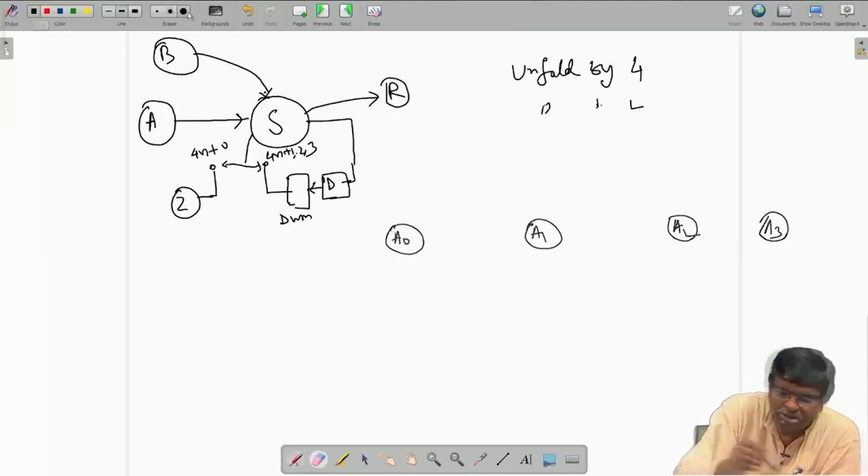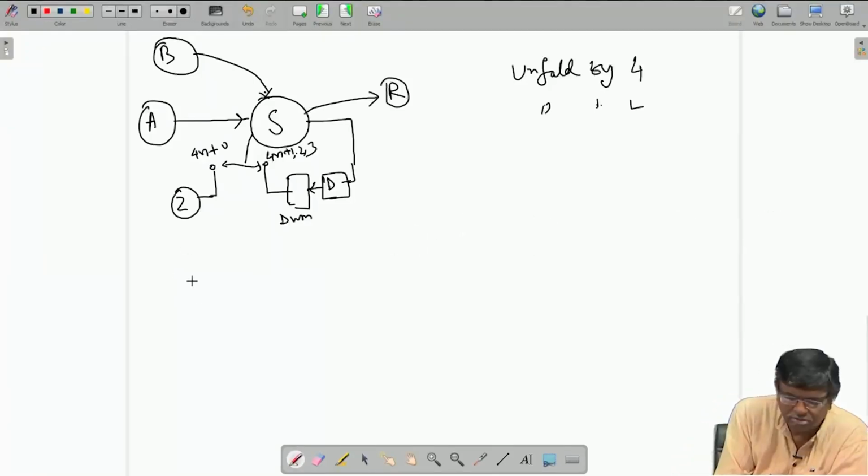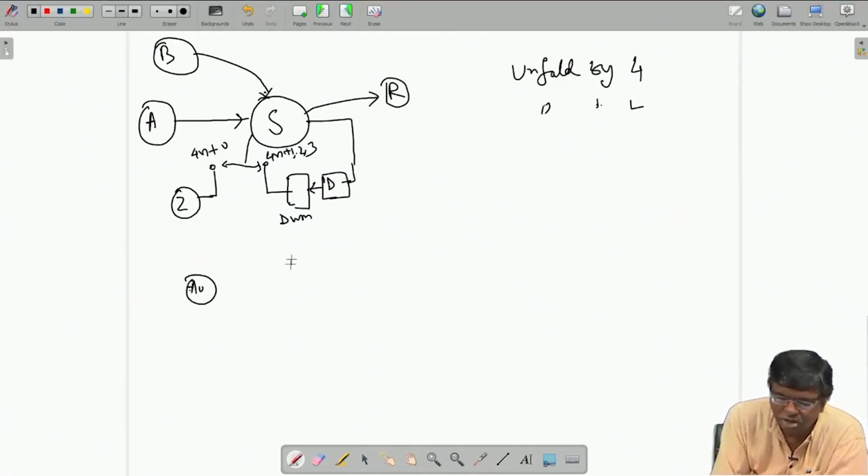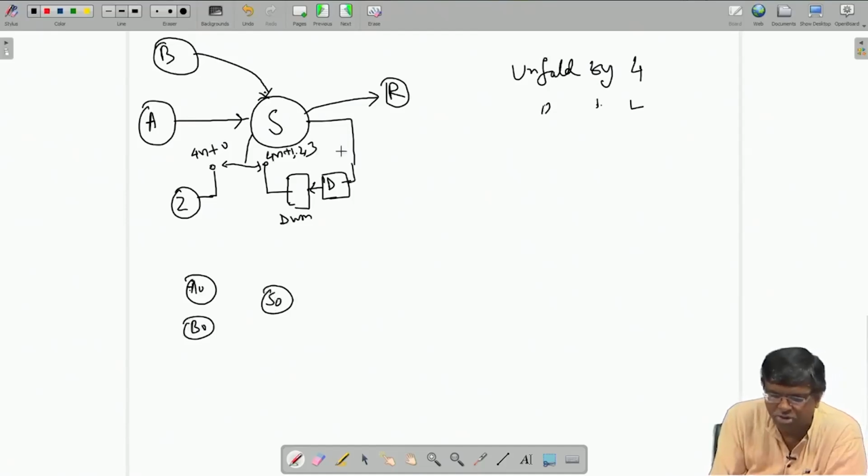Or maybe I erase this here. A0, then here will be A1, A2, A3, but let me also do for B0. Here is S0. Every node will be copied 4 times: R0 and W also will be copied 4 times, Z will be copied 4 times.